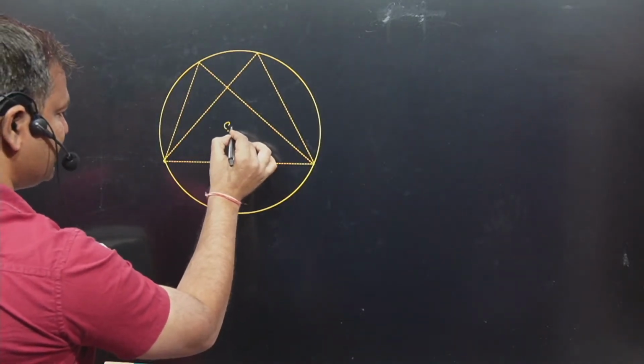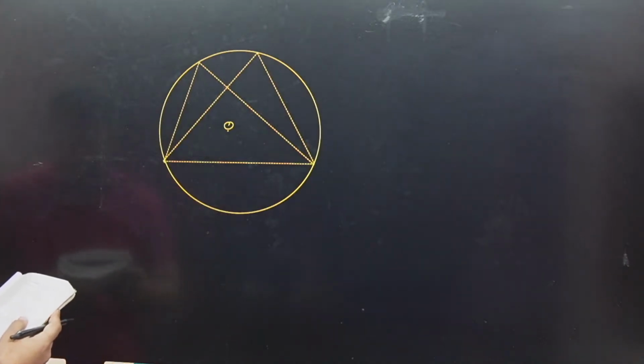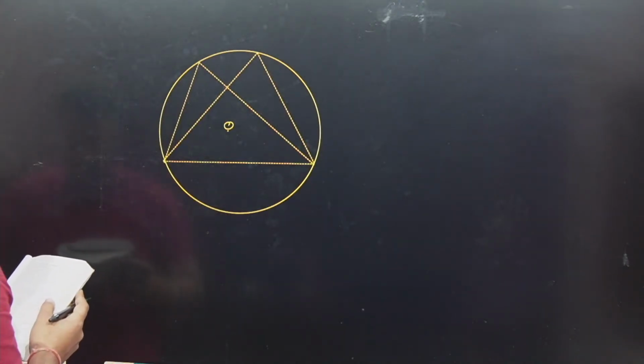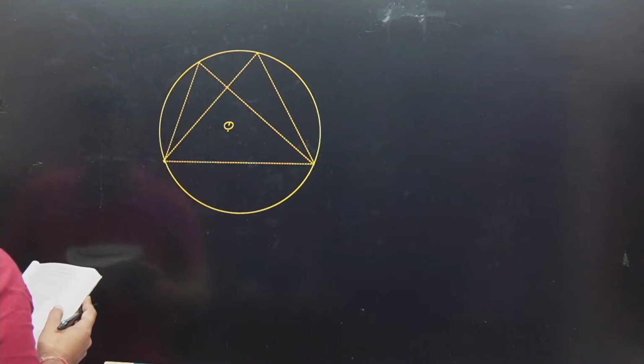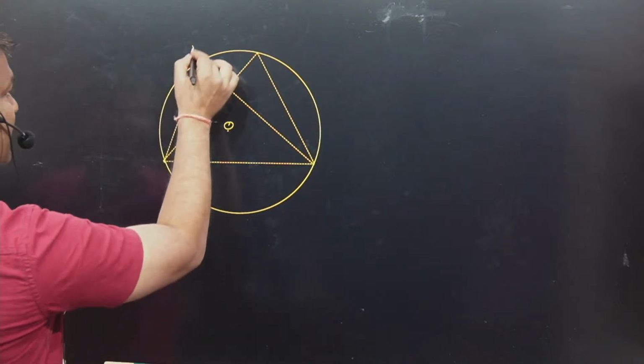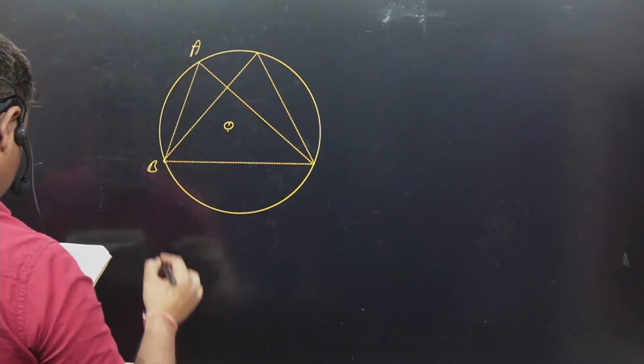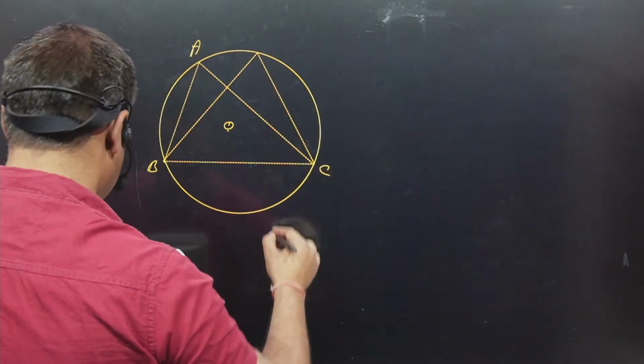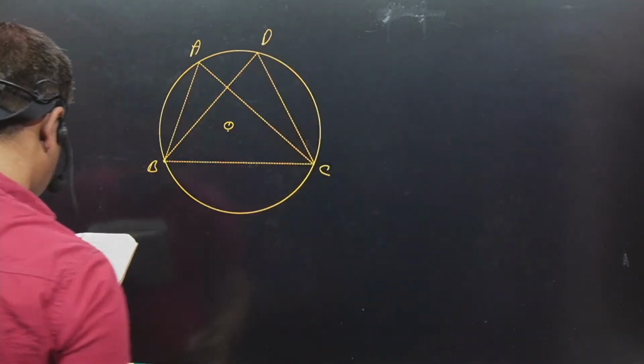O is the center of the circle. Our target is the unknown angle. So this one is A, this one is B, this one is C, and this one is D.